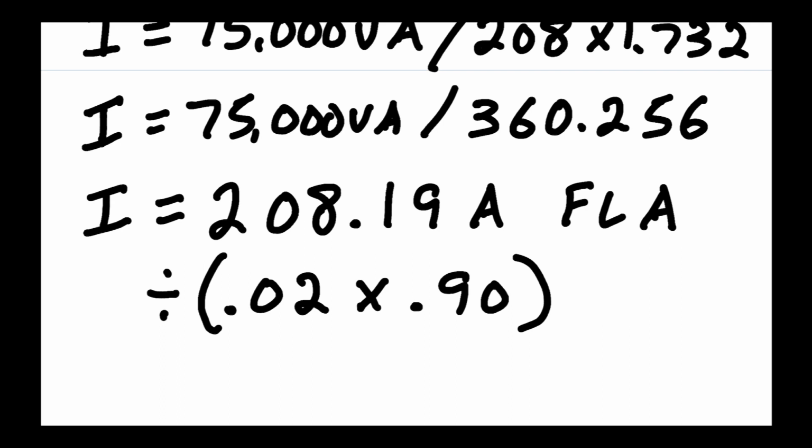All right, so when we do this math, this comes out to 0.018. Let me pull that out on my calculator just to double check. I got 0.02 times 0.90, and that is 0.018.